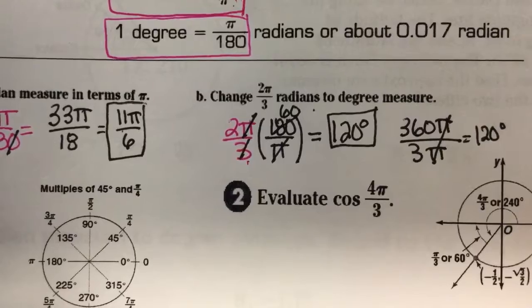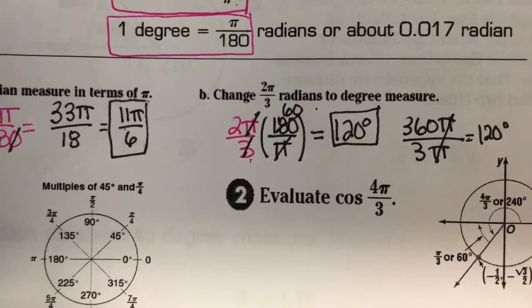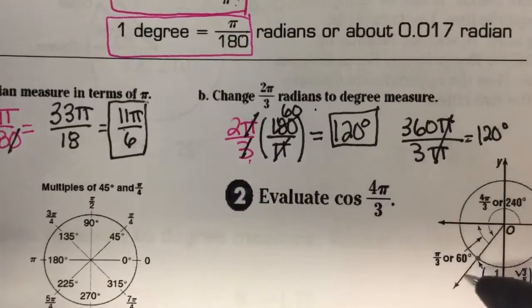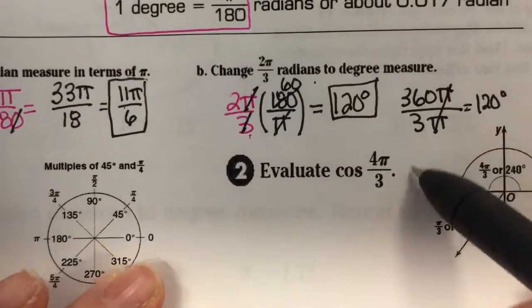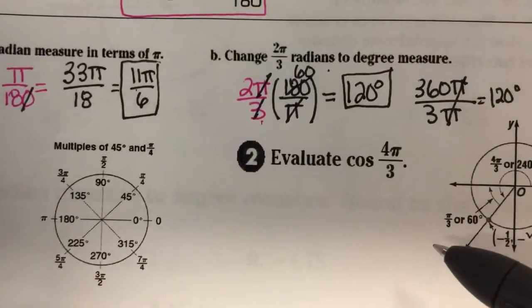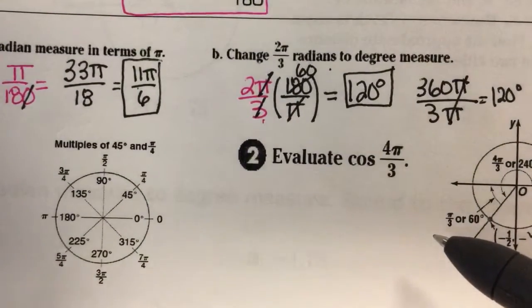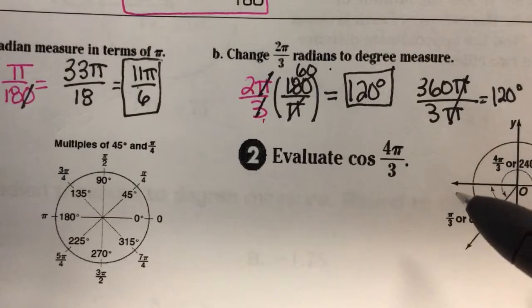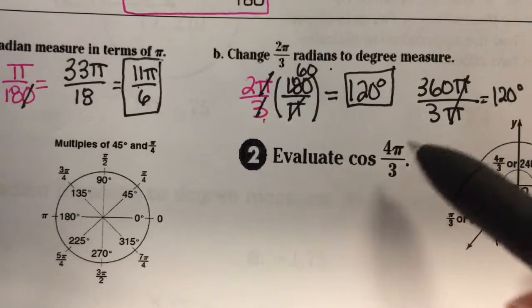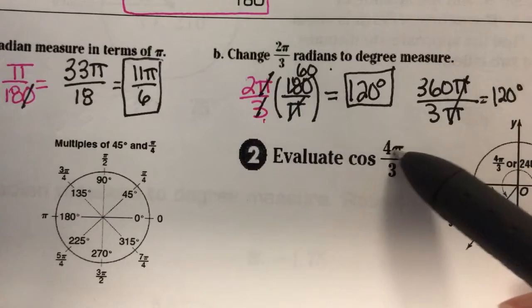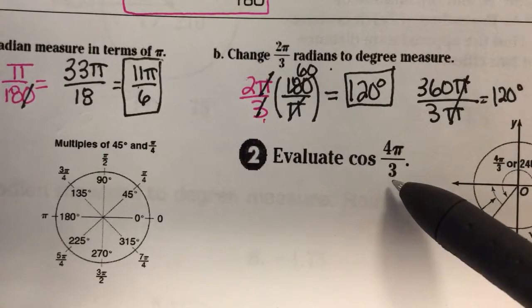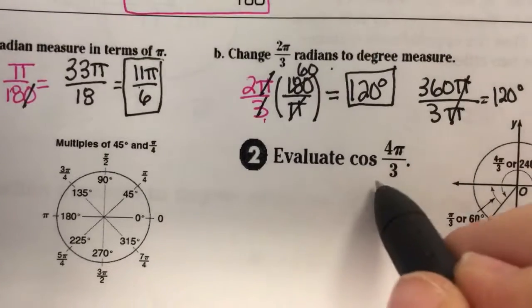They are wanting us to evaluate cosine at 4 pi over 3. Okay, so there's a couple different ways. If it was me, I would go to my unit circle. I would locate 4 pi over 3, which is at 240 degrees.